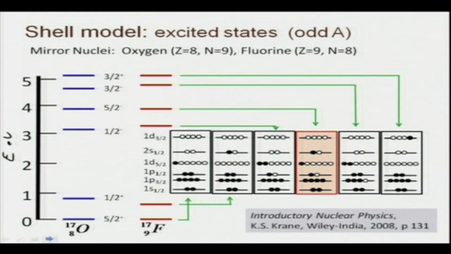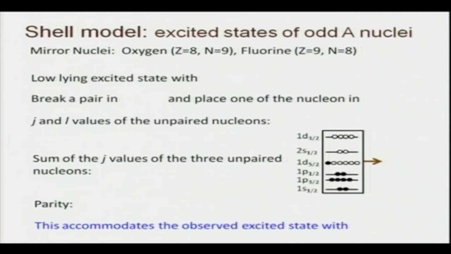Incidentally, this particular case of oxygen and fluorine is very beautifully discussed in Introductory Nuclear Physics by Kenneth Krane. So, you can read that for more details. In fact, he discusses it in much further details, giving other examples as well. But now, let us focus on this particular problem of the single particle shell model.